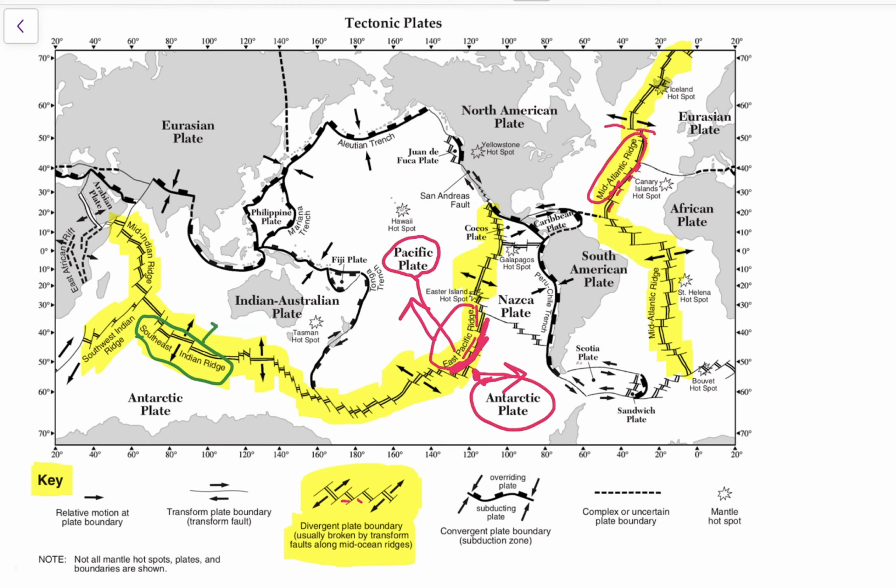On this side of the ridge, I seem to have the Indian-Australian plate. On the opposite side of the ridge, moving in the opposite direction, in bold text, I see the Antarctic plate. So the Southeast Indian Ridge is a divergent boundary where the Indian-Australian plate is moving in one direction and the Antarctic plate is moving in the other direction.